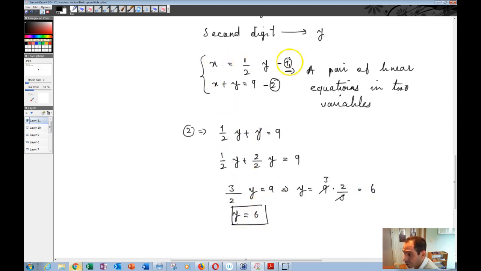Now you can use it over here. Equation number 1 gives x is equal to 1/2 y, so your x is equal to 1/2 of 6. 1/2 times 6 is equal to 3, so your x is equal to 3, y is equal to 6.